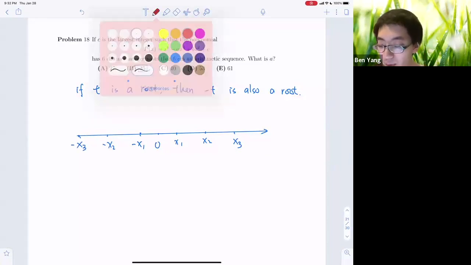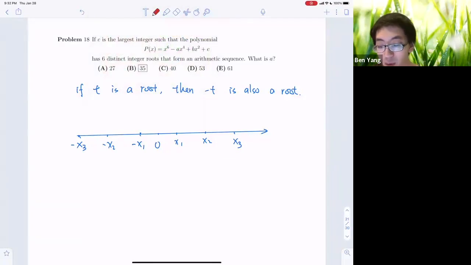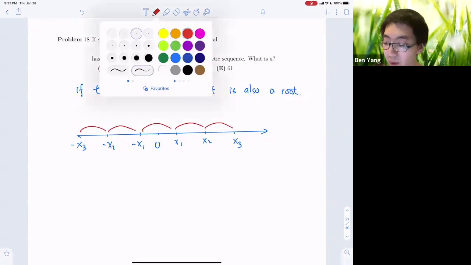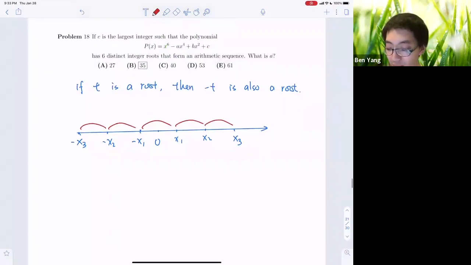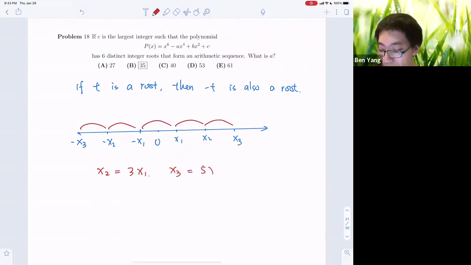Now if you want those 6 roots to form an arithmetic sequence, then there's only one possibility, which is we need x2 to be 3 times x1 and x3 to be 5 times x1, so that the common difference here is 2 times x1.